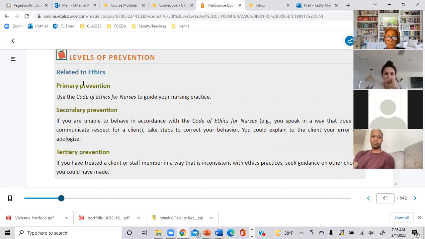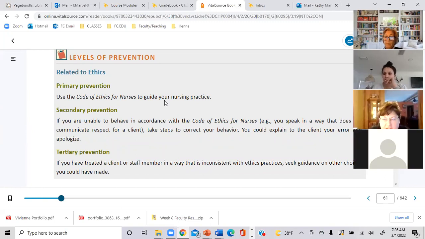Okay, so primary prevention related to ethics would be to use your code of ethics to guide your nursing practice. Right? Do we understand why that is primary? Education. Yes.